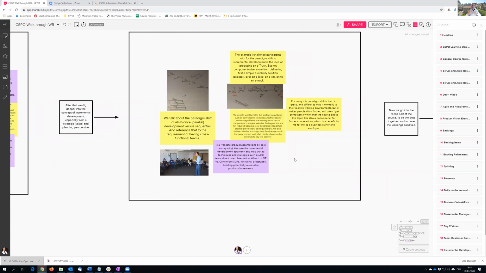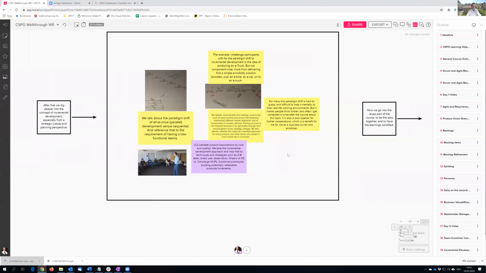We also talk a little bit about this all-at-once approach we have in Scrum versus this abuse of the waterfall idea, the sequential development. We also talk about that this is another paradigm shift which is hidden in the whole concept of Scrum.